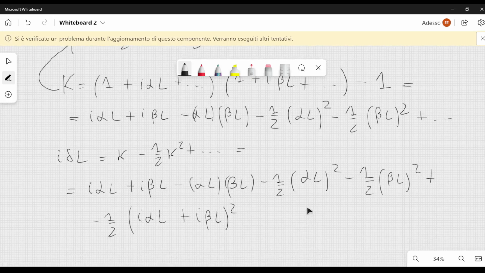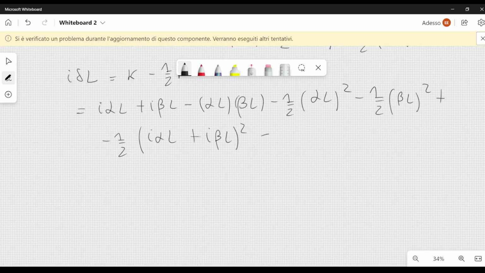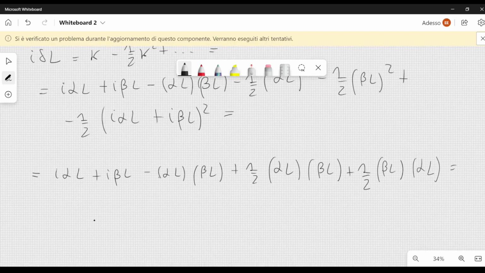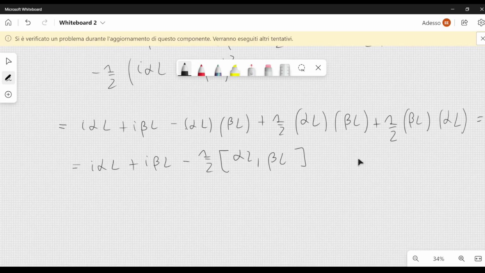And when you do the algebra here, I delta L will be equal to I alpha L plus I beta L minus alpha L beta L plus 1 half alpha L beta L plus 1 half beta L alpha L. This can be written as I alpha L plus I beta L minus 1 half, and then you have the commutator of alpha L and beta L, like this, which you can recast in the following form.